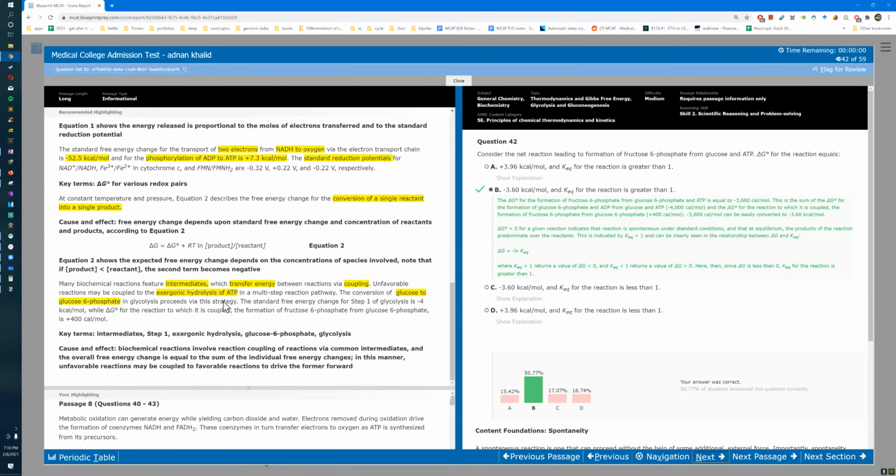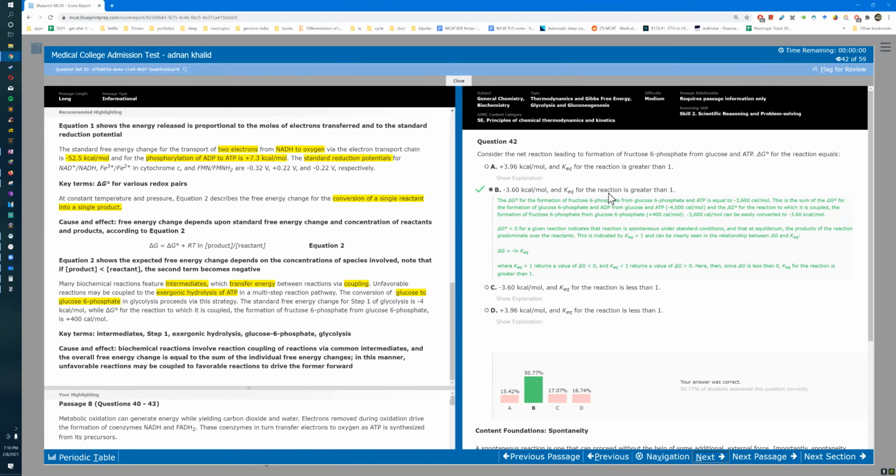And then it's coupled to the formation of fructose 6-phosphate, and that's positive 400. So I'm just going to add these. -4,000 plus 400 is going to be -3,600, or -3.6 kilocals. So I chose that. There's 2 of them.